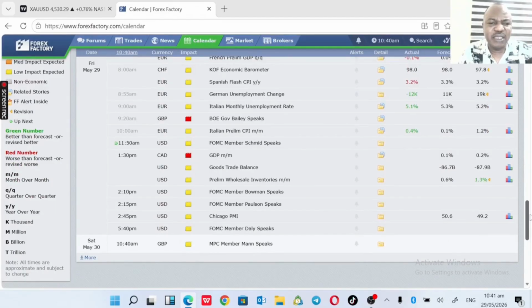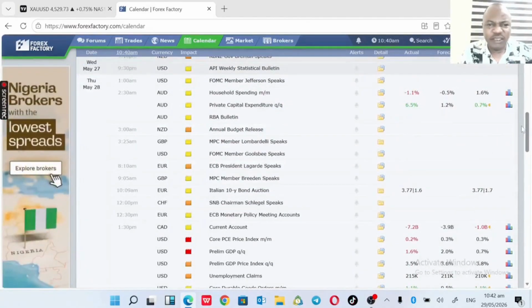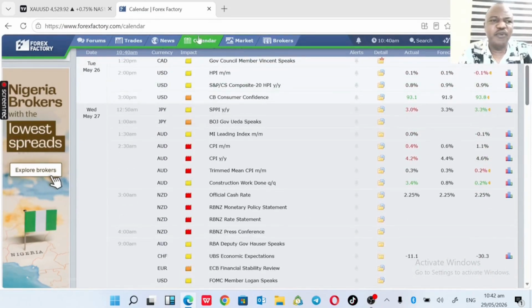Early in the morning, we had news which is over, 9 a.m. on BOE, 9:20 a.m. BOE governor speaks. Okay, and we have another, Canadian GDP in the afternoon by 1:30. So whatever it is, today is Friday. We may have some little volatility depending on what comes in, but just be careful when you trade.